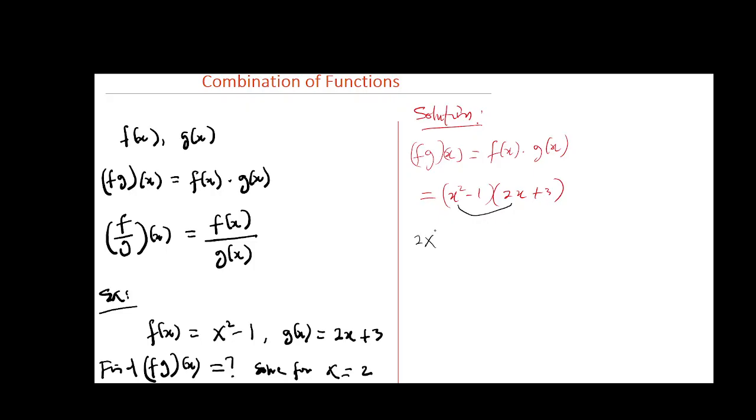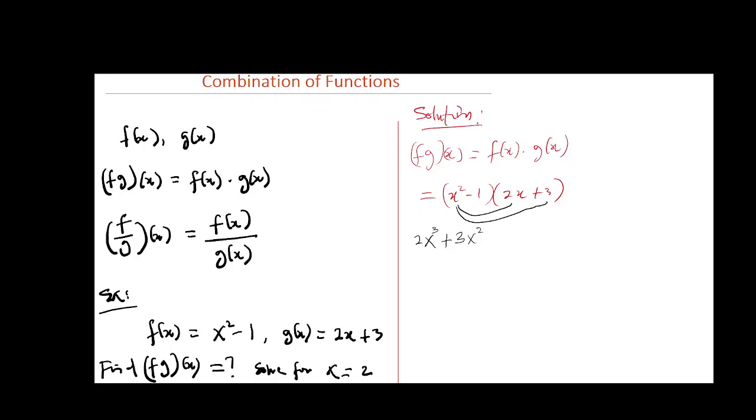X squared multiply 2x will give us 2x to the power of 3. And x squared multiply 3 will give us plus 3x squared.